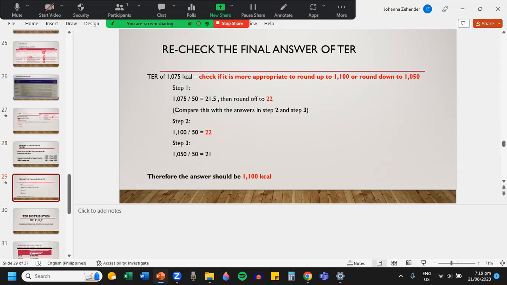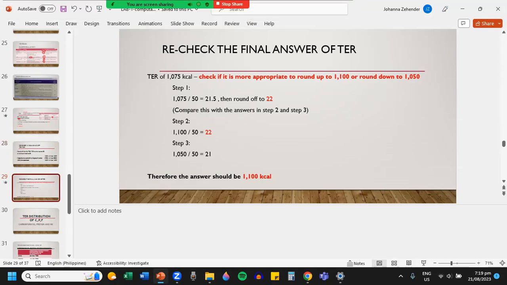Okay, next, you're going to recheck the final answer of the TER. With a TER of 1,075 kilocalories, you have to check if it is more appropriate to round up to 1,100 or round down to 1,050. So step one, let's start with 1,075. If you divide it by 50, it's equal to 21.5, so you're going to round off to 22.